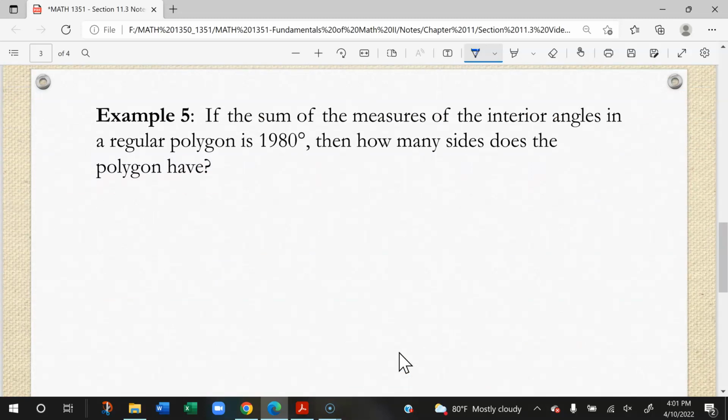If the sum of the measures of the interior angles of a regular polygon is 1,980 degrees, how many sides does the polygon have? So we have n minus 2 times 180, which gives us the sum, and that's equal to 1,980.